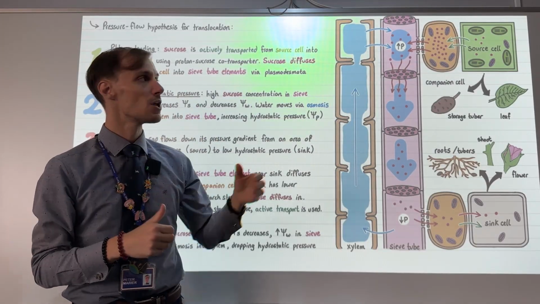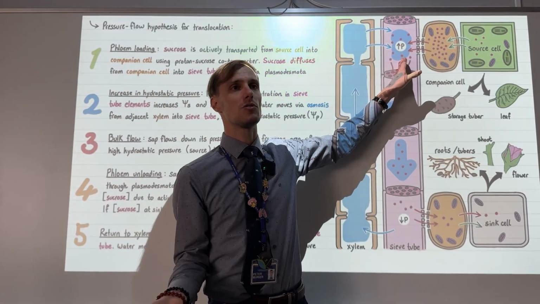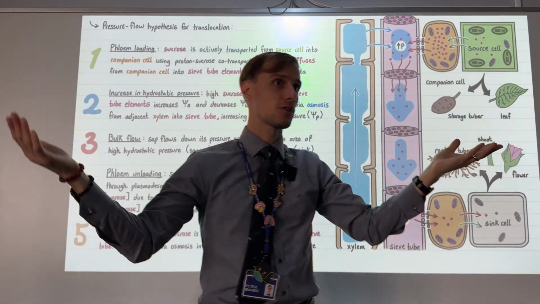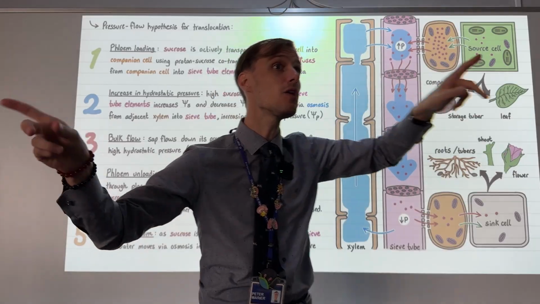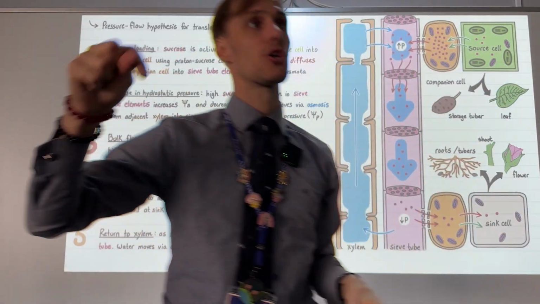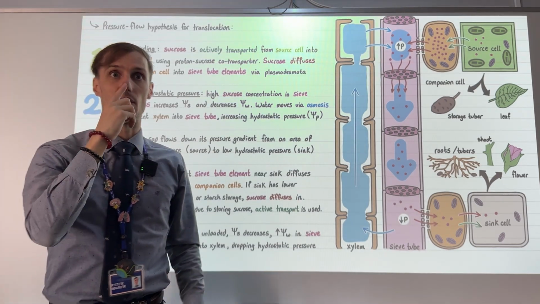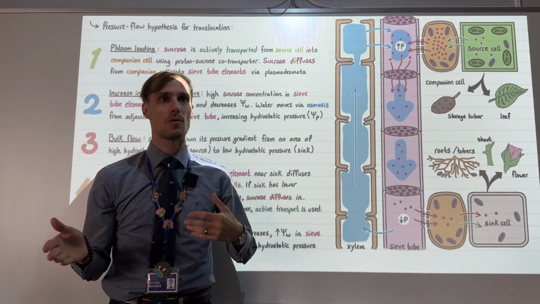So now, if I have an influx of water into the phloem, what's that going to do to hydrostatic pressure? It's going to increase. Now that the hydrostatic pressure is high here, it's going to flow anywhere where hydrostatic pressure is lower, including up or down. So this is why translocation can actually be bidirectional.